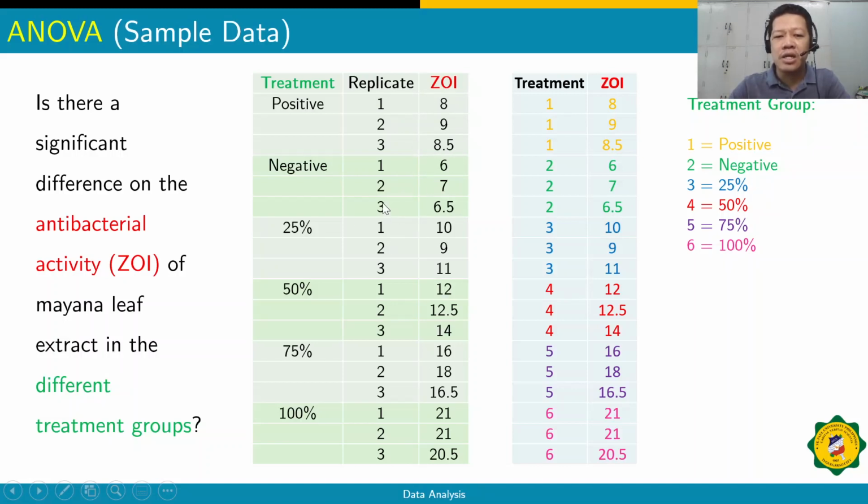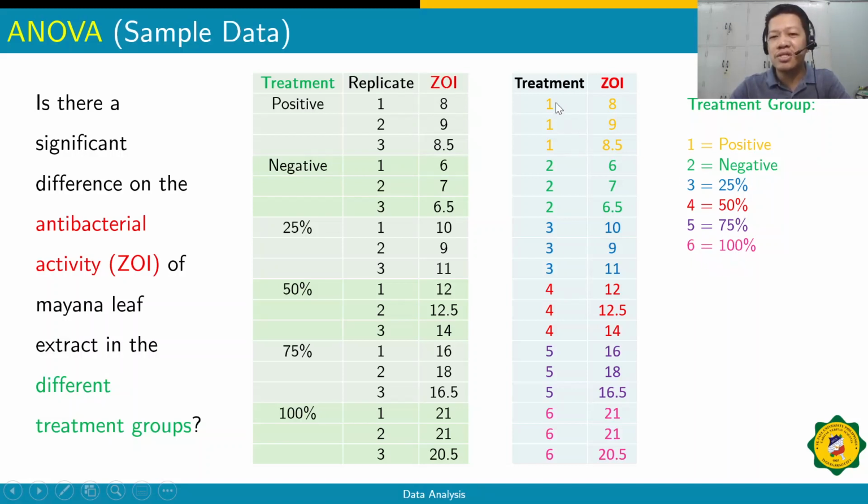It can be like that, but you may also convert this to data that can be treated using SPSS. So you need to do some coding for the treatment groups. For the positive treatment group, you use 1, negative is 2, 25% is 3, 50% leaf extract concentration is 4, 75% is 5, and 100% is 6.